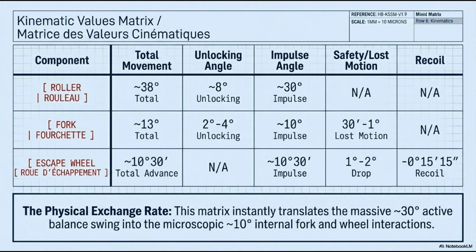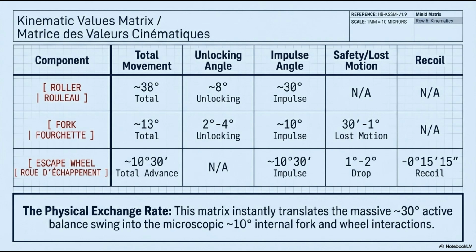Unlocking approximately 8 degrees. Impulse approximately 30 degrees. Recoil not applicable. Fork, total movement approximately 13 degrees. Unlocking 2 to 4 degrees. Impulse approximately 10 degrees. Lost motion 30 arc minutes to 1 degree.